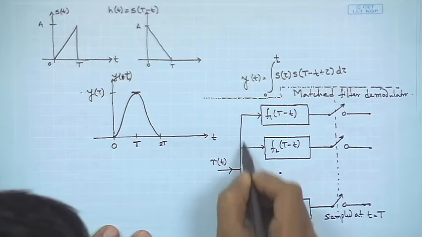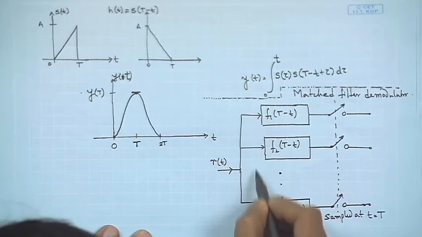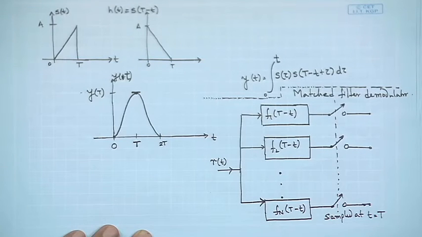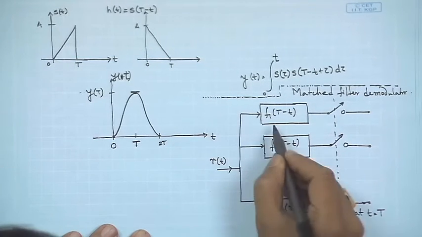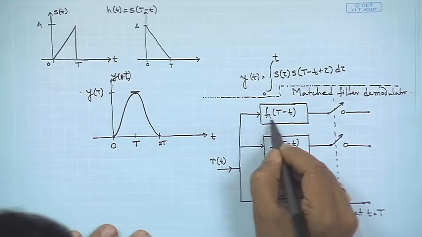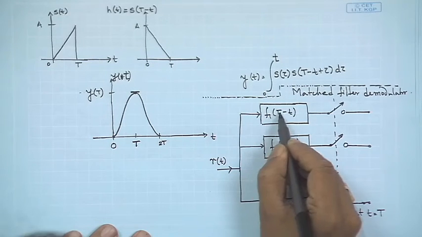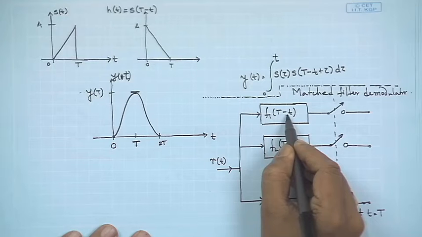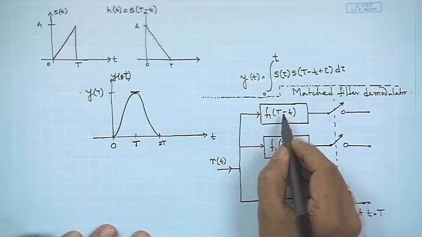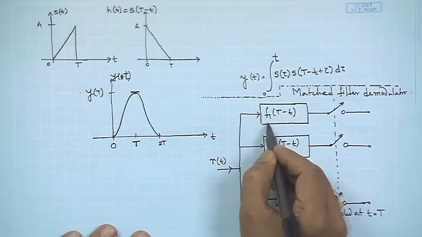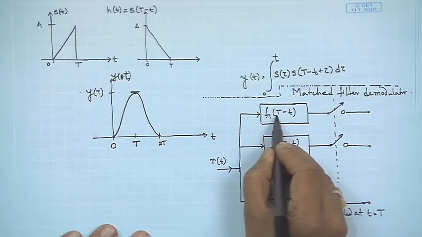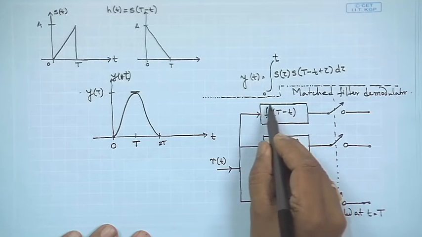You can think of the matched filter demodulator as R of t broken into parallel to a bank of n filters, where each of the filters you had earlier, f1 of t, now you have f1 of T minus tau. Earlier it was the correlator where you had a multiplier followed by an integrator, and here since it is already flipped you have to do a convolution.